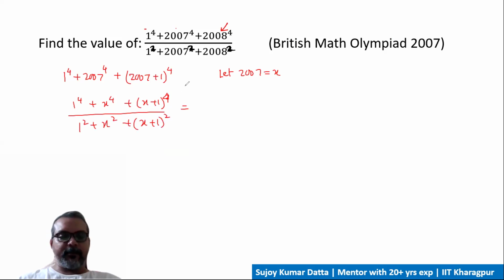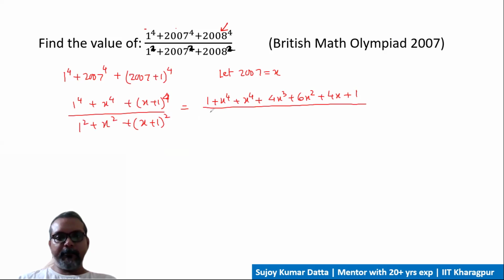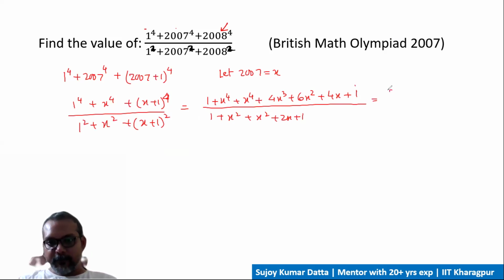So now we need to expand the thing on the top. Below you have, so here we have 1 and 1 two times, 2x to the power 4, 2x cube inside, 3x squared, and 2x.